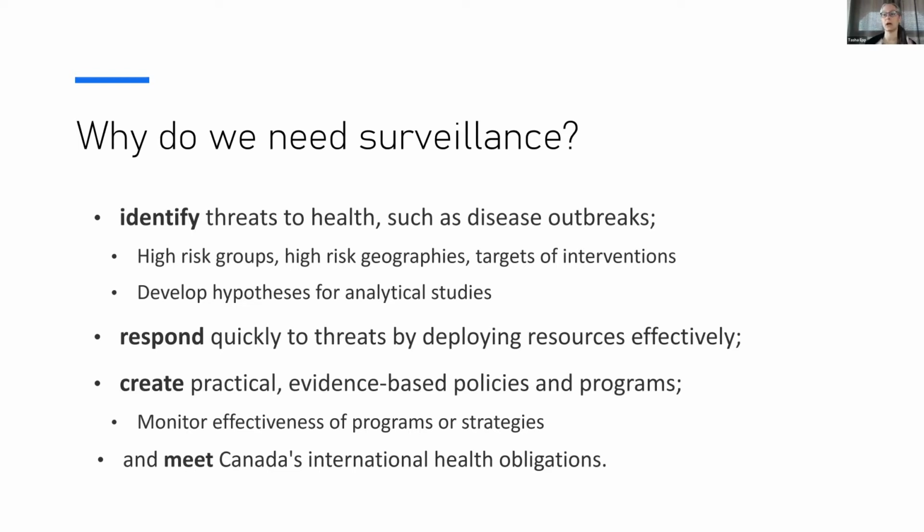And so maybe we want to target specific interventions to those diseases, right? So we need to be able to know what is there, so we're able to respond to it in some manner. And that may be an immediate response, or it might be, on the other end, more of a long-term thinking to create evidence-based policies or programs. So the idea of prevention or control.